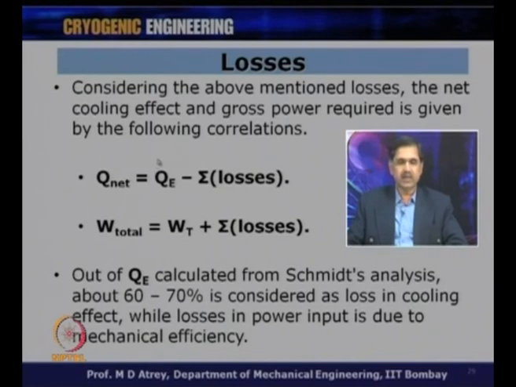So, first calculate QE based on various dimensions, assume that 60 to 70% is lost, and what is available is Q net. Similarly, I have to take mechanical losses into account to calculate my net power input to the Stirling cryocooler, and this gives me a first case of different dimensions for Stirling cryocoolers.